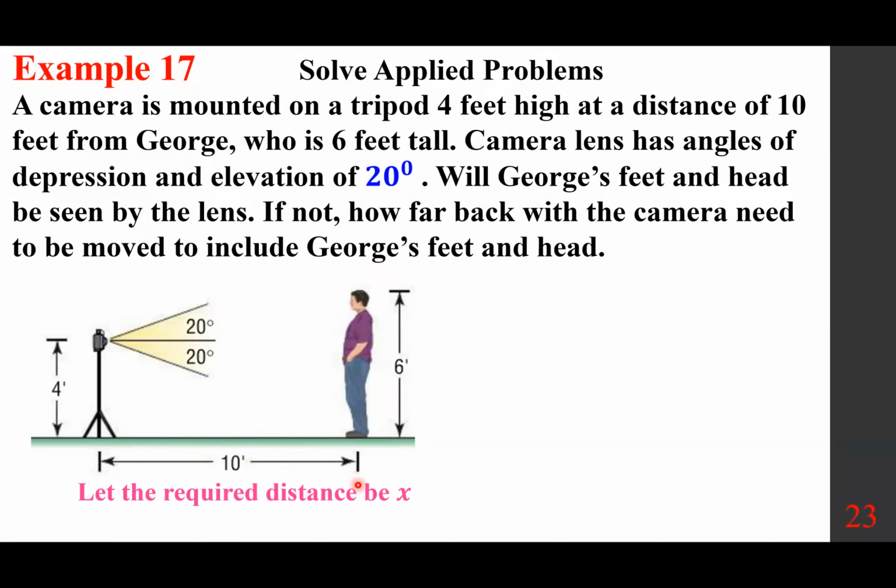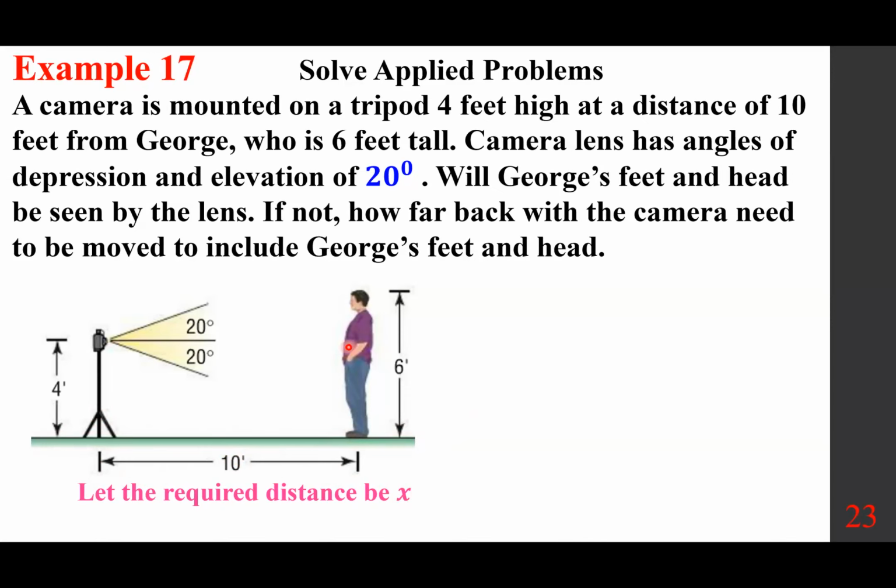So let the required distance be X. Again, this is 10, but maybe we have to go further and we make it more or get it smaller. So the actual distance we need may or may not be 10. So we're going to call the actual distance X. And we're going to deal with that X. This is 4 feet, everybody.